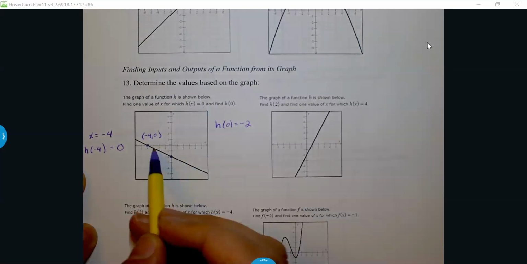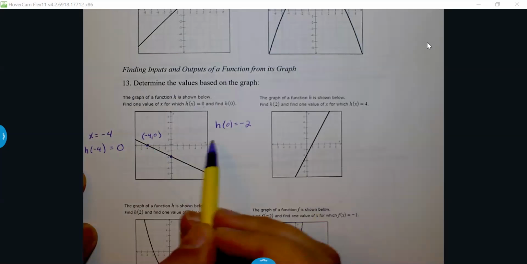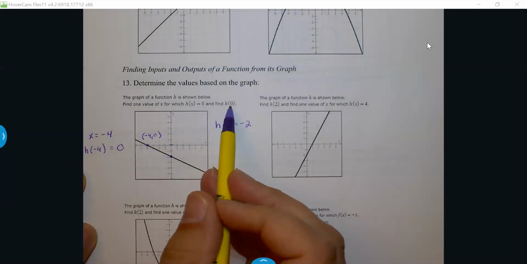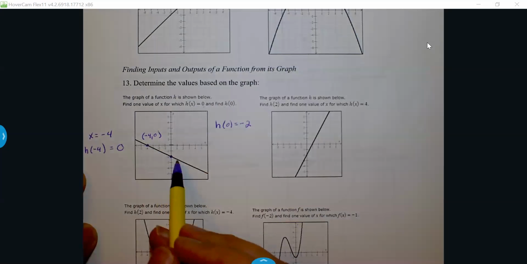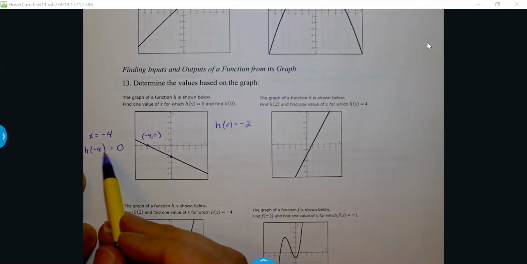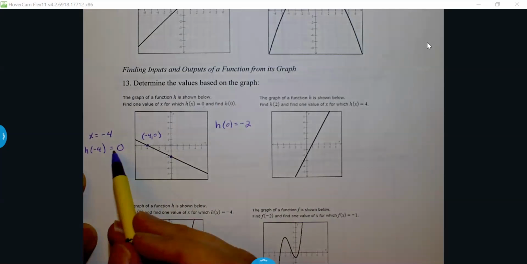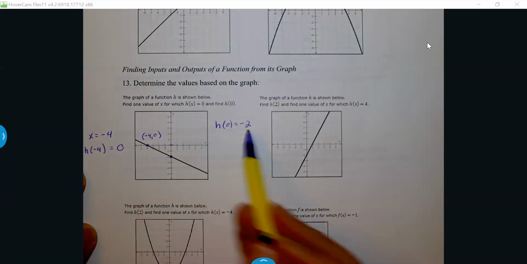So we're looking for the x value that goes along with the y value of 0. And when the number is on the inside, we're looking for the value of y that has an x value of 0. Okay? So that's h of -4 equals 0, and then h of 0 is -2.